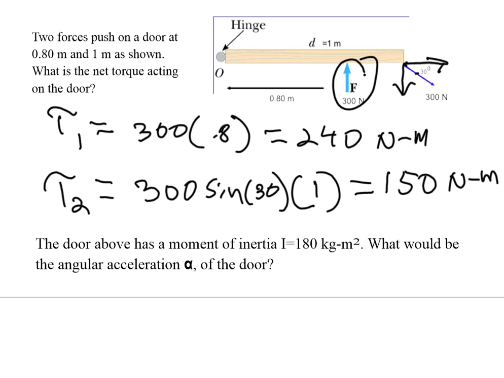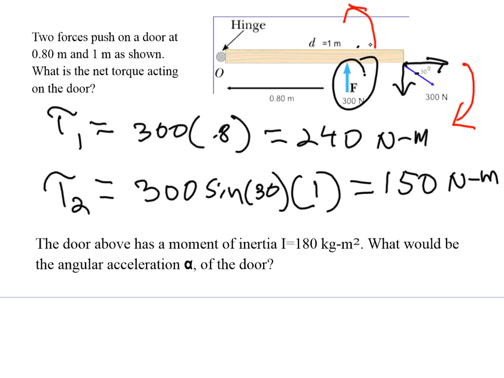Now, these two torques cause the door to rotate in opposite directions. The first force will tend to have the door rotate this way. The second force on the right here will tend to have the door rotate that way. So they have opposite signs. They work against each other.